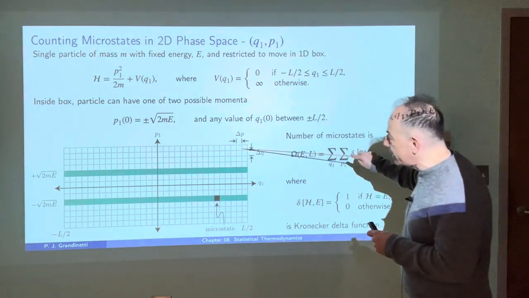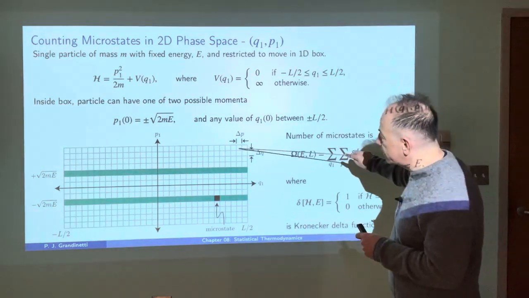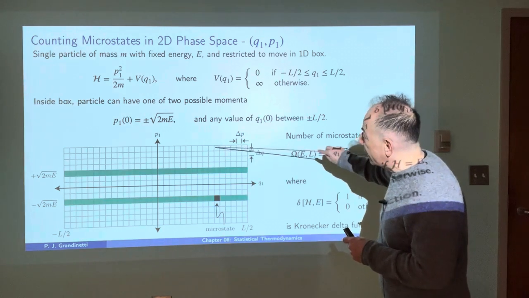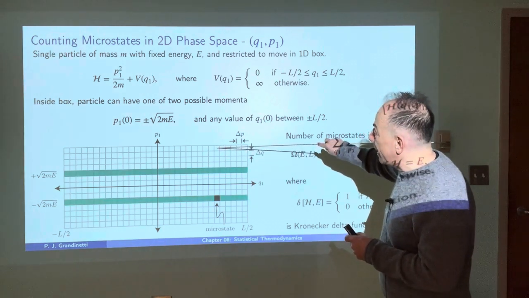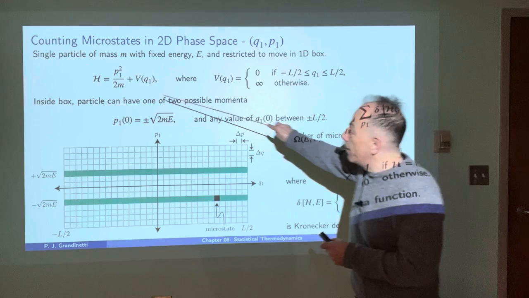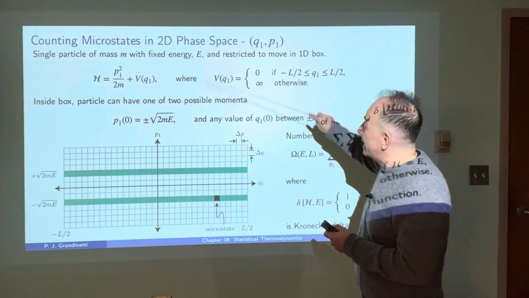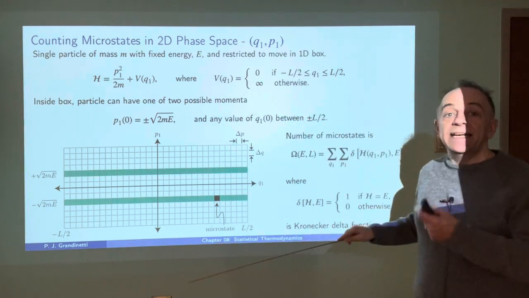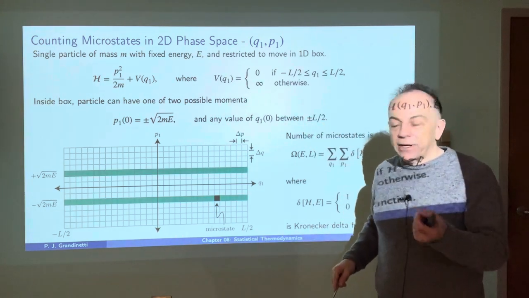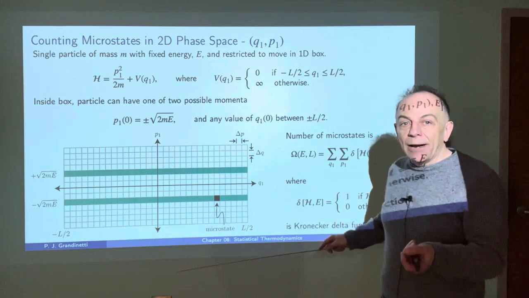So the summation is over every single cell, and it asks the question, if I evaluate the Hamiltonian for this value of momentum and this value of position, I get an energy. Is it equal to this E? If it is, I return 1. If it isn't, then I return 0.